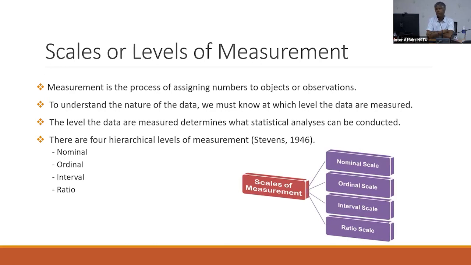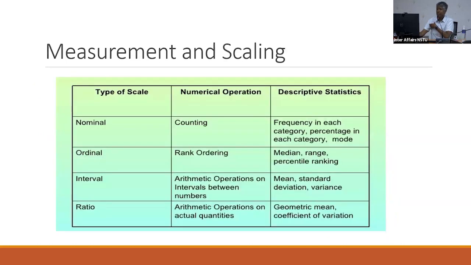There are 4 levels of measurement: nominal, ordinal, interval, and ratio. Each of these different types or levels of measurement require different statistical approaches and it can tell us slightly different things about the data.